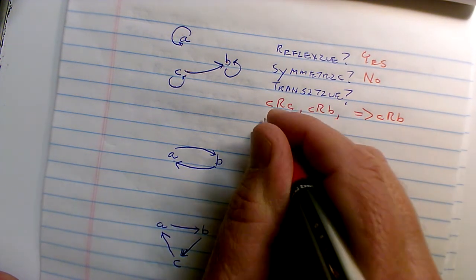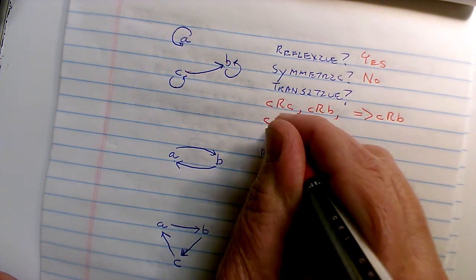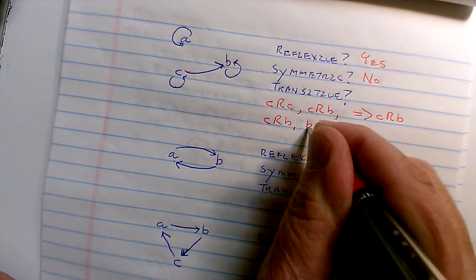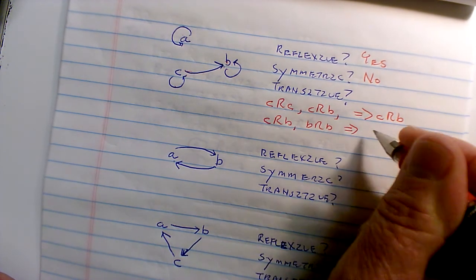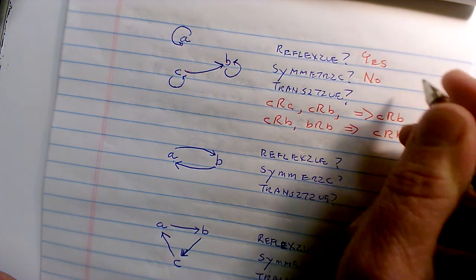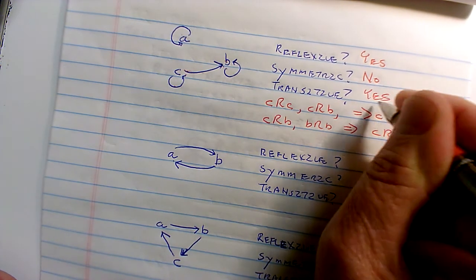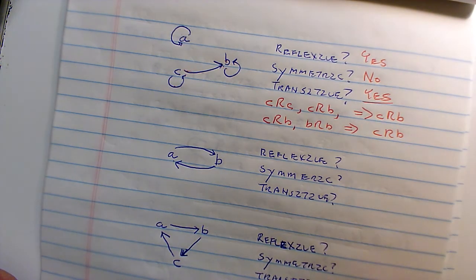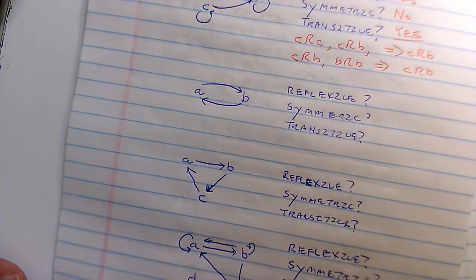It does. You'll notice also that C relates to B, and B relates to B, and C relates to B. So guess what? This one is transitive. Let's look at the next one.